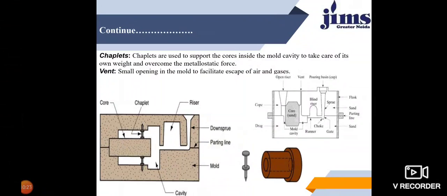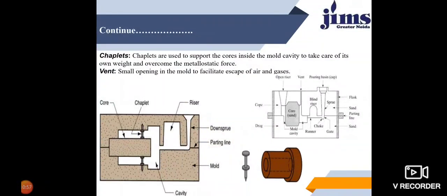This is the chaplet. Chaplet is also one important aspect. Chaplets are used to support the cores inside the mold cavity to take care of their own weight and overcome the metallostatic forces. Okay, and the last is the vent. When you pour the molten metal into the mold cavity, there may be some gas entrapped in the mold cavity, or there may be some unwanted particles already there.